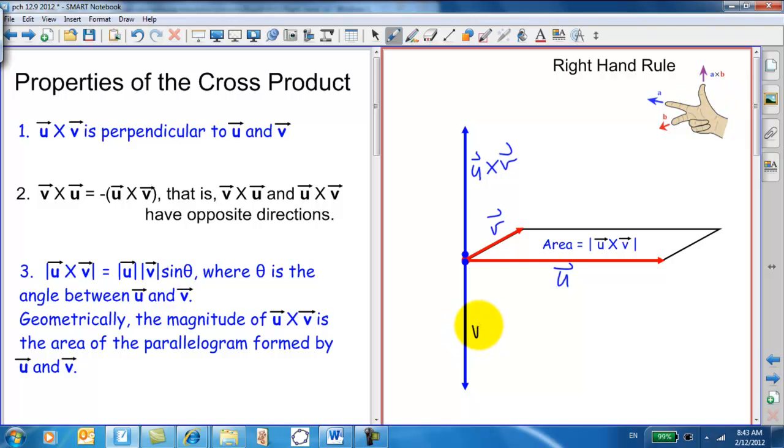Notice v cross u is down here in the opposite direction. So if you put your first finger in the v direction and the second finger in the u direction, your thumb will point downward, and that's how you can use your right hand to figure out what direction these are going in. We also see that the magnitude of u cross v is the magnitude of u times the magnitude of v times the sine of the angle between them.